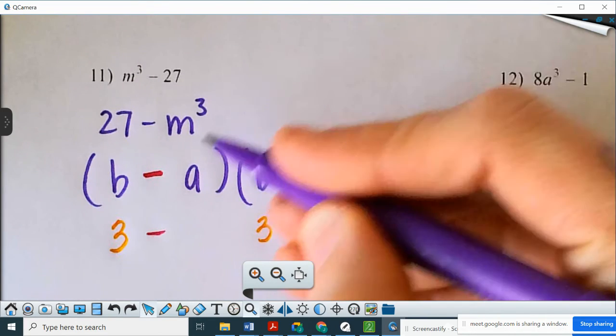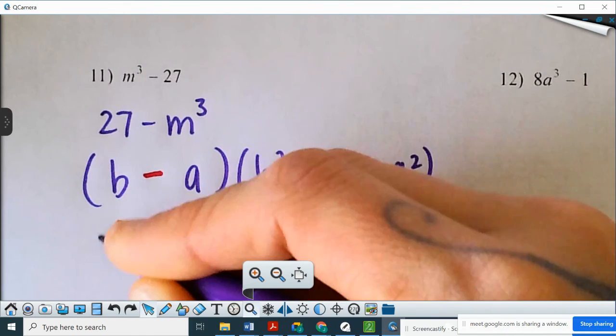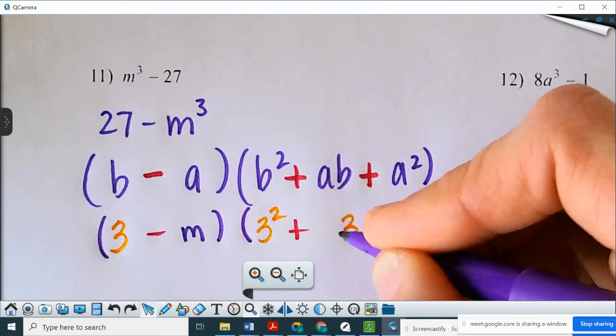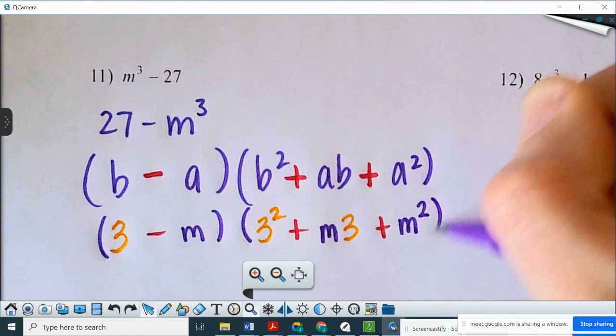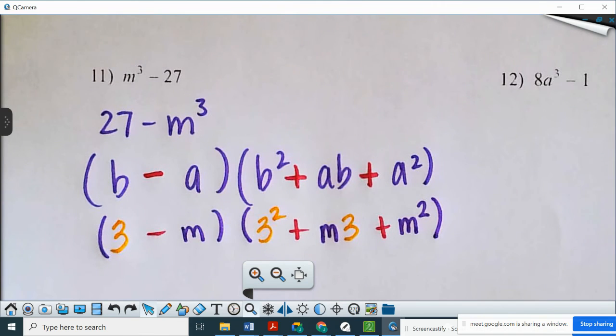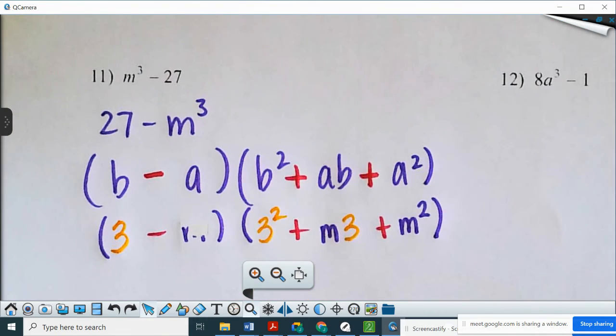M cubed is our A value with a 1, so that's going to be just M. M squared. I'm sorry, I just told you that all wrong. It's 1. No, 1M. I'm right. Sorry. 1M.